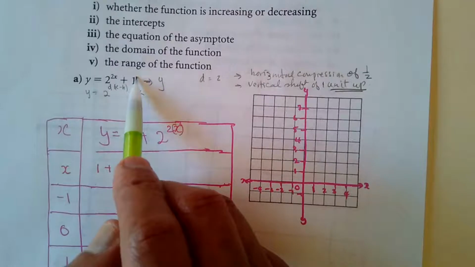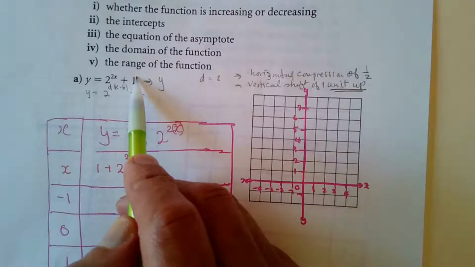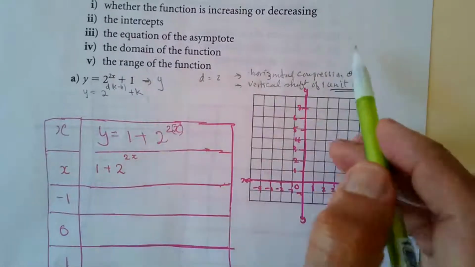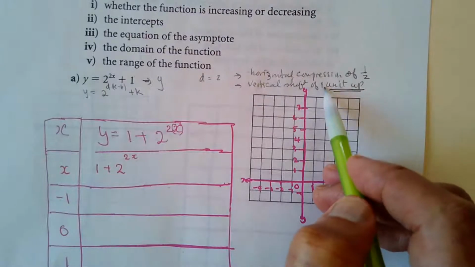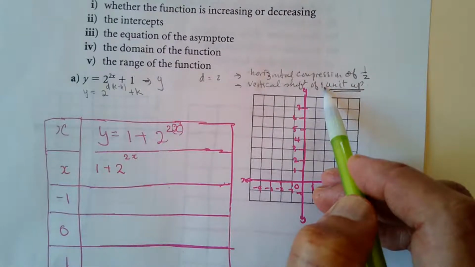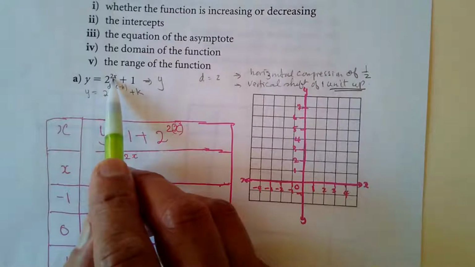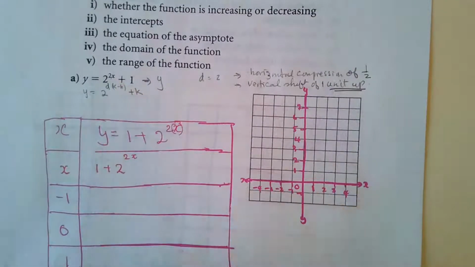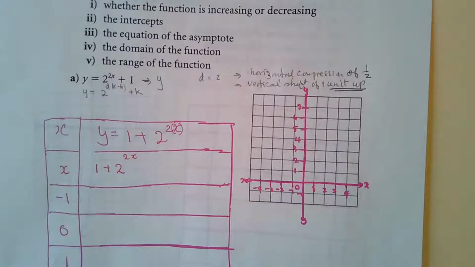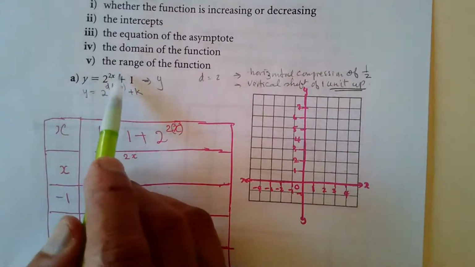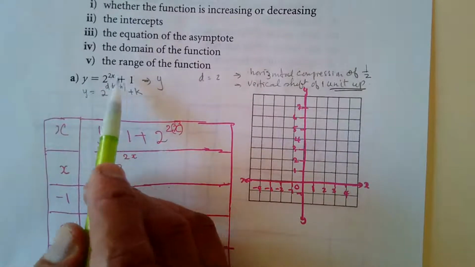So we have a vertical translation, meaning 1 unit up. And we have a horizontal compression of a half. So there's no horizontal translation.